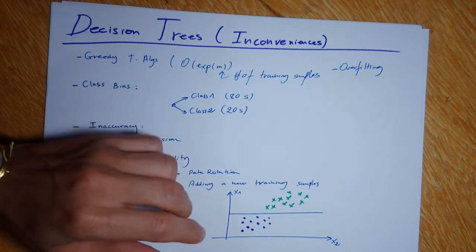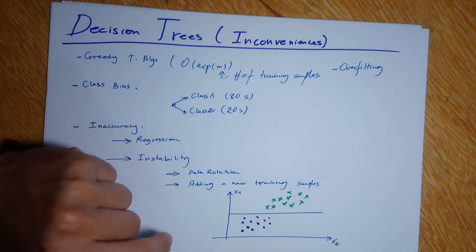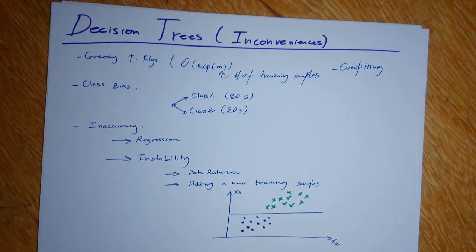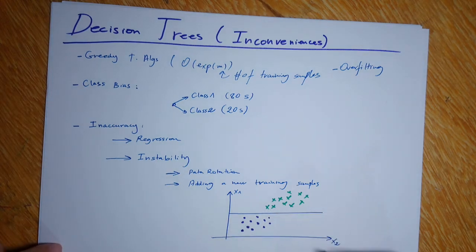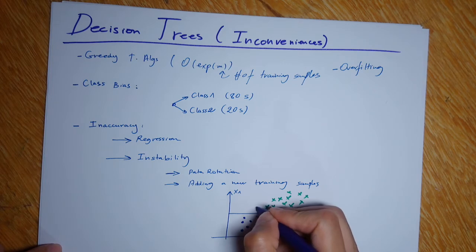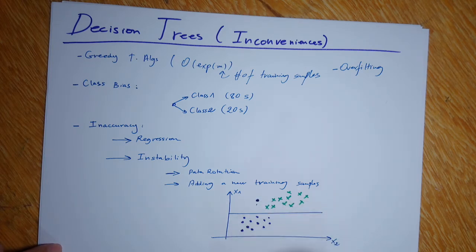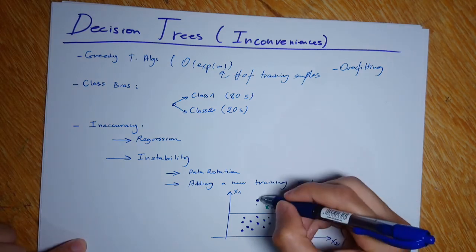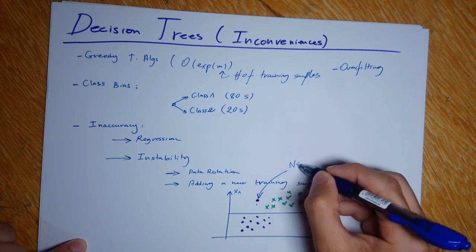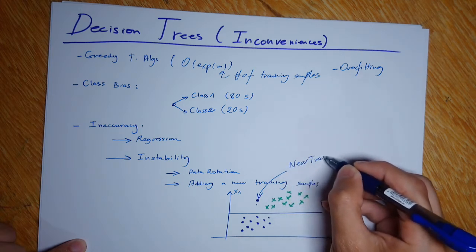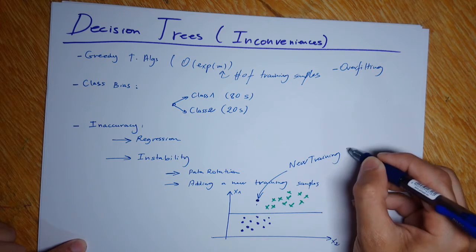Now, what would happen if I were to add a new data point? Say that I have a new sample that I added to my training data set, and this sample turns out to be here in this position. This is the new training sample.